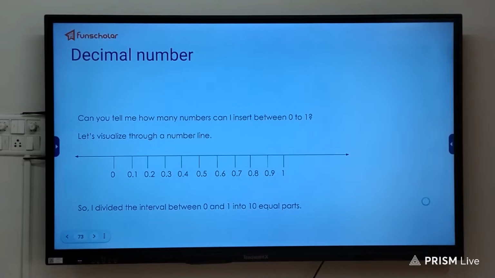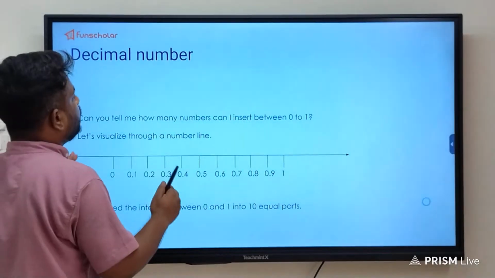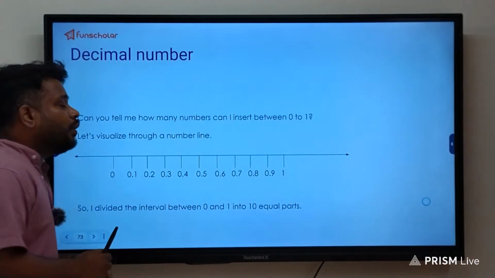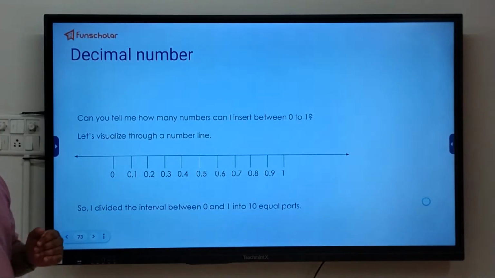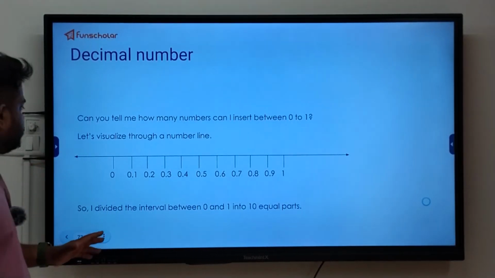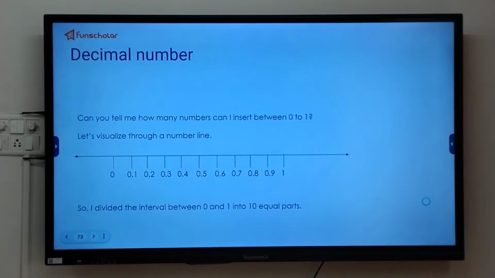Now about decimal numbers, here we are going to learn how we can place decimal numbers on the number line. Okay, can you tell me how many numbers I can insert between 0 to 1? Let's visualize through a number line.